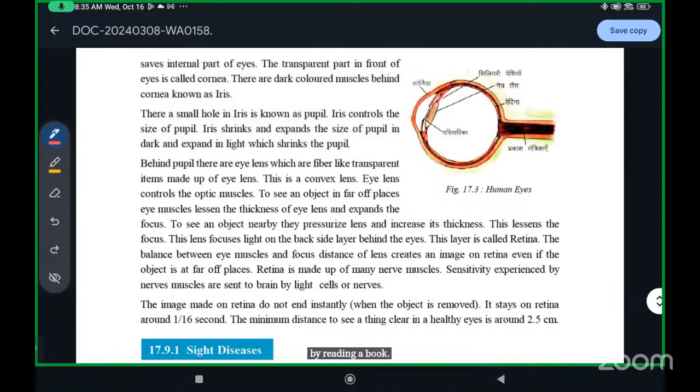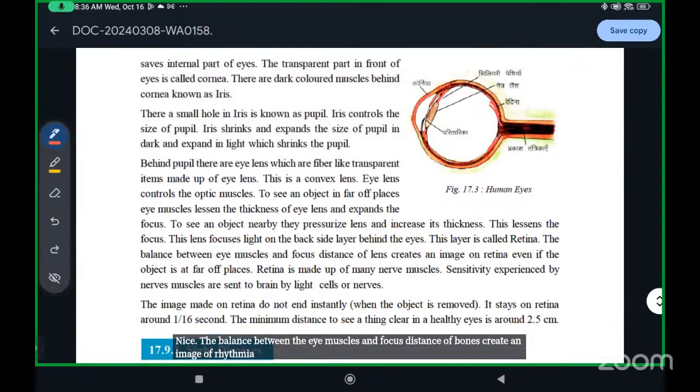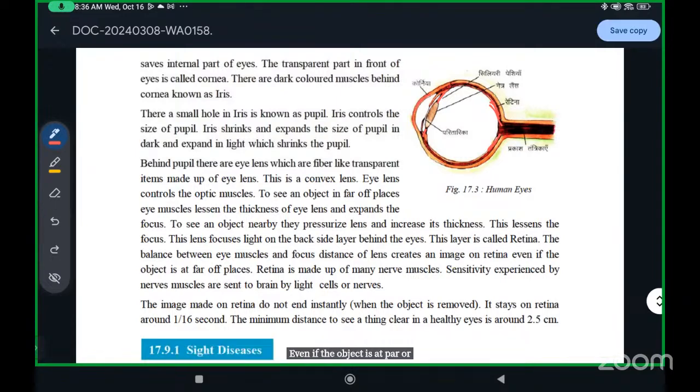The lens focuses the light on the retina, the backside layer behind the eyes, when we are looking at a nearby object. The balance between the eye muscles and focus distance of the lens creates an image on the retina, even if the object is at far off places.